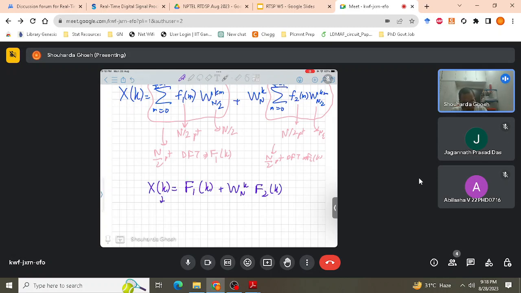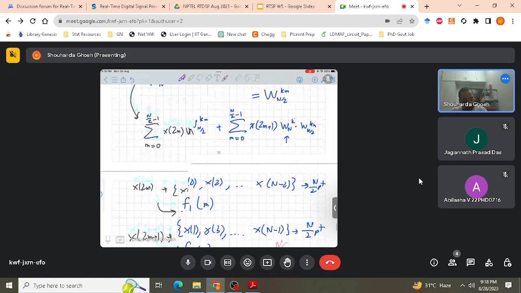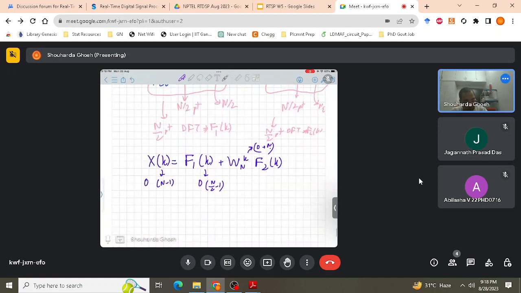Here k is ranging from 0 to N minus 1. Here k is ranging from 0 to N by 2 minus 1, because we took it from our first definition. But then we are providing k as an input. What if k is greater than N by 2?